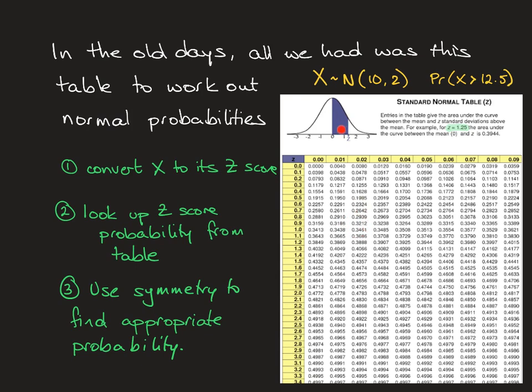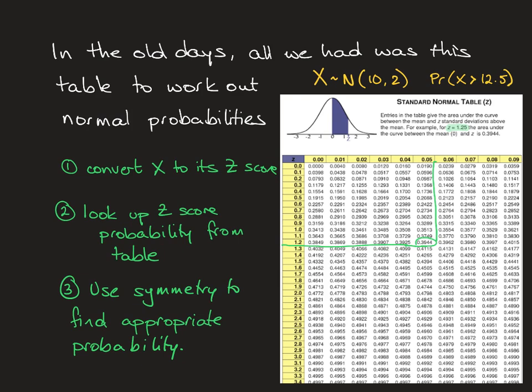I'll just find this value first. So 1.25, I come down to 1.2 here, and then I go across until I'm underneath 0.5, and that is my value there.